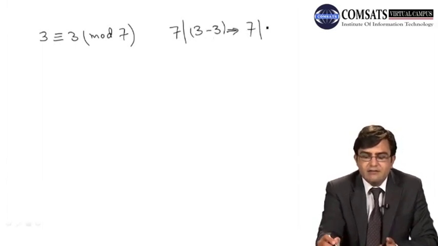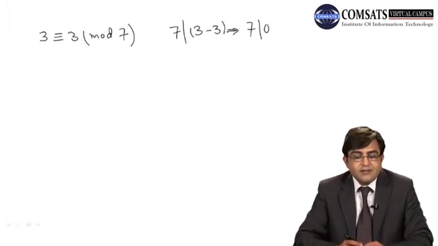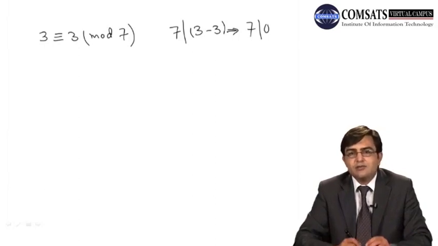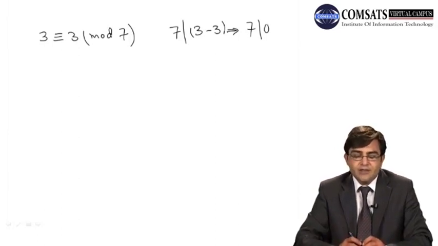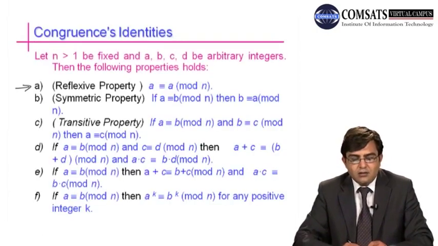This means that 7 divides 0, and every number divides 0. So this is true. It means that every number is congruent to itself always, no matter what n is. This is the reflexive property of mod congruence.